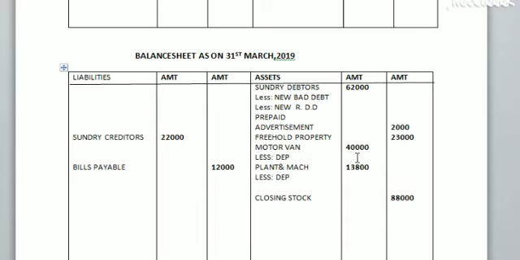Now we will calculate 5% of motor van and 7% of plant and machinery. Amount of depreciation of motor van is 2,000 rupees. So we will minus this and bring the amount in outer column. Amount is 38,000 rupees in outer column.